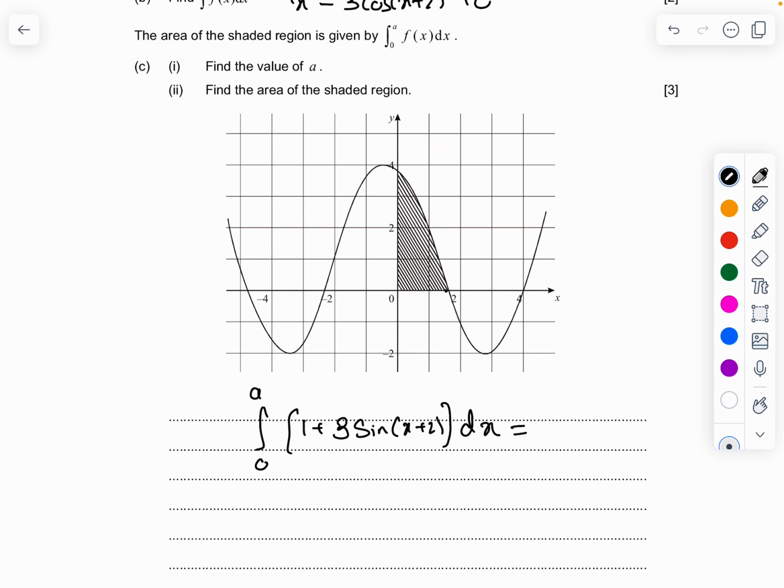From 0 to this point, I need to know what this point is. This point is the point of intersection with the x-axis, that point is a. So 1 plus 3 sine of x plus 2 should be equal to 0. Use the GDC, you will get the value of x as 1.48. So a is 1.48. Now substitute a equals 1.48 in the calculator, you should get 3.06.